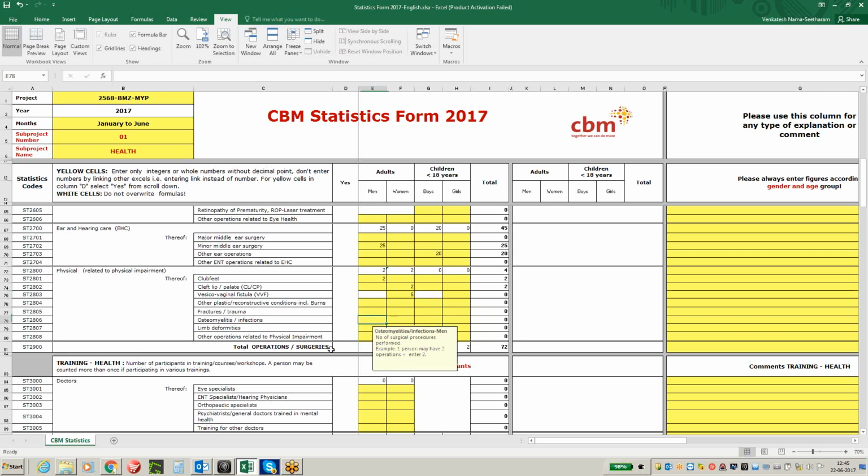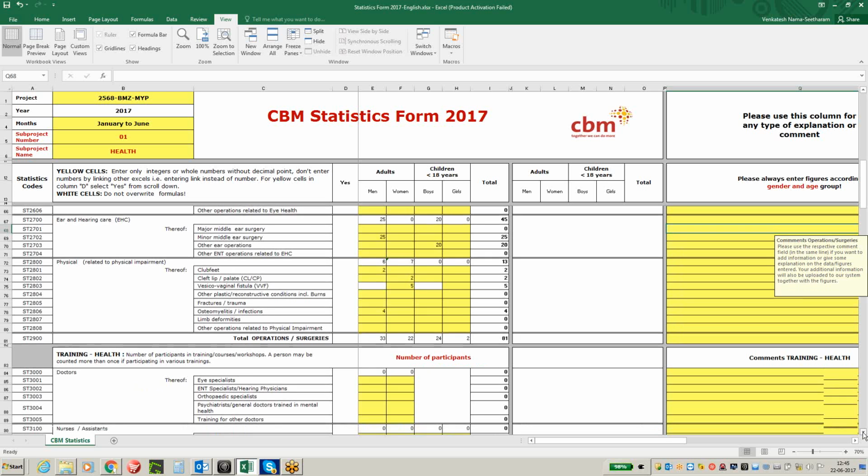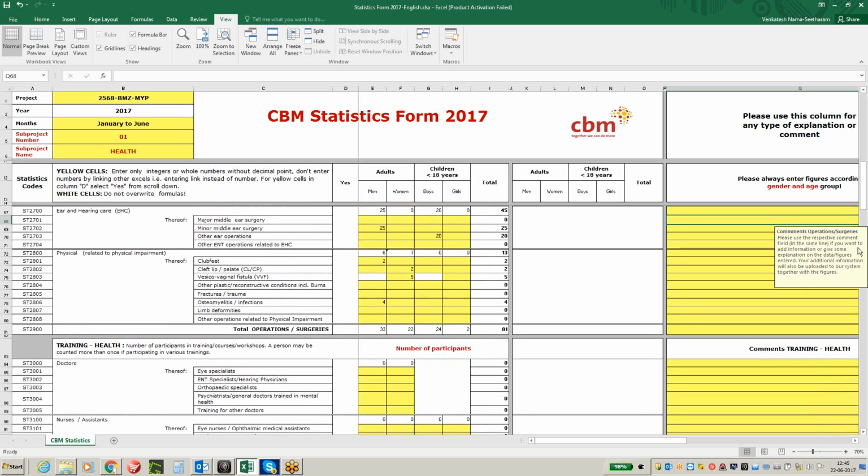So here you get the total number of surgeries done by the project in the reporting months. And if they want to add comments, they can just comment for that particular row. Next, if you don't have any questions, I'll just move on to the next section.